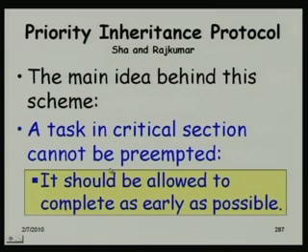The problem is if unbounded priority inversions occur. So, a task in the critical section cannot be preempted, that is for sure. What we can do is allow the task to complete execution without incurring preemptions by intermediate priority tasks.